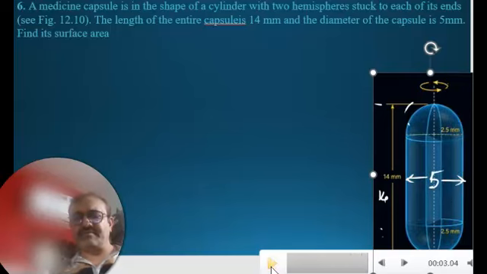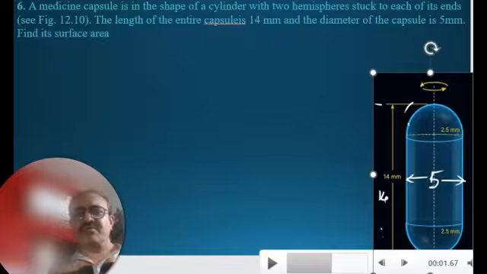Now we should find the area of the cylinder.